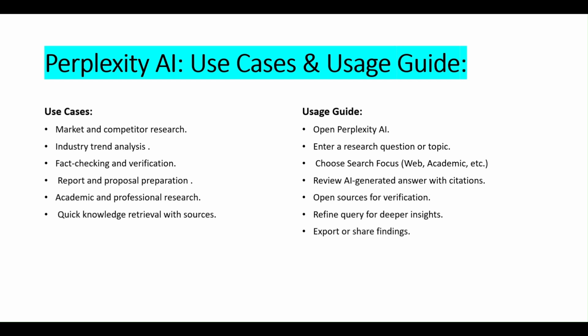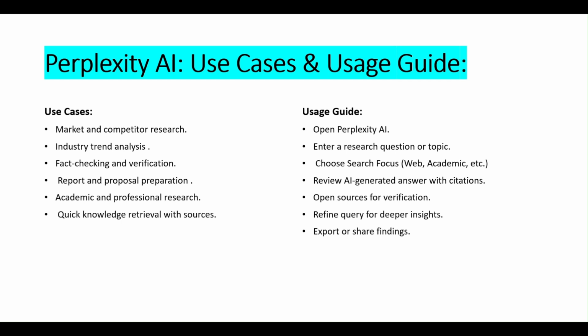Now, coming to the usage guide, using Perplexity AI is very simple. First, we have to open the Perplexity website and enter our research question or topic. Then we can choose the search focus depending on our requirements, such as web or academic. After that, Perplexity generates an answer with citations.